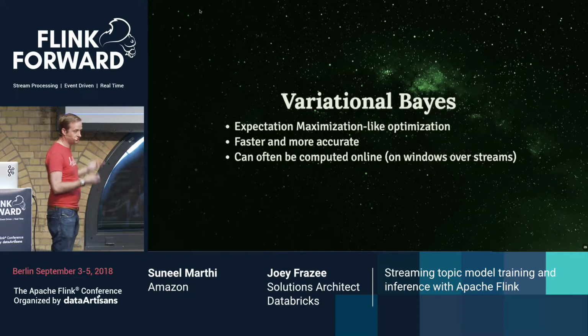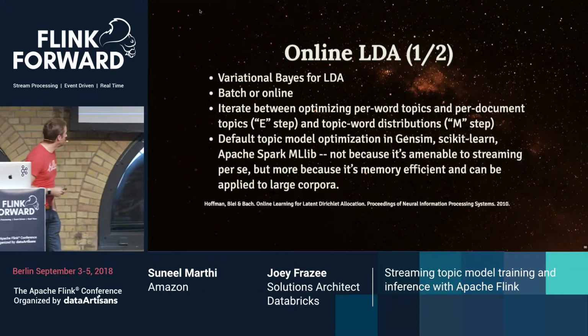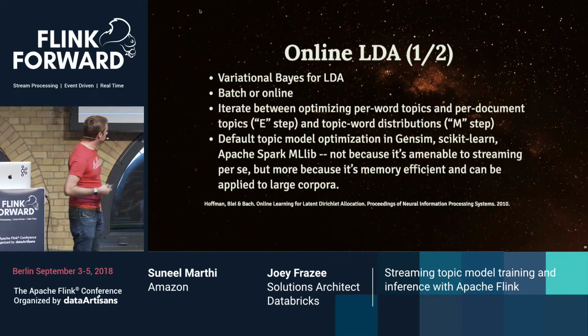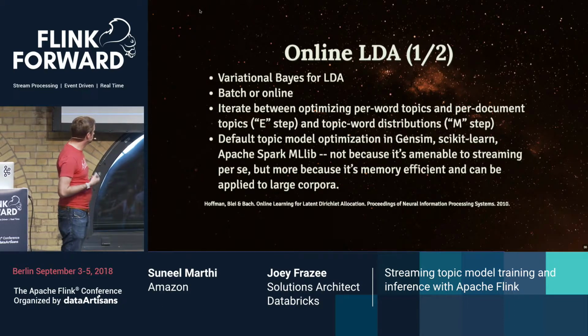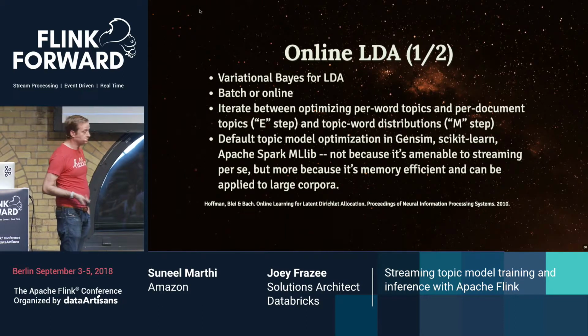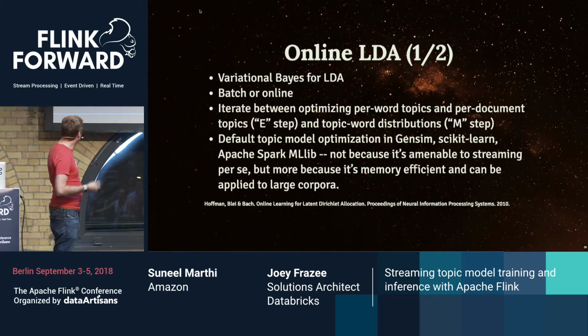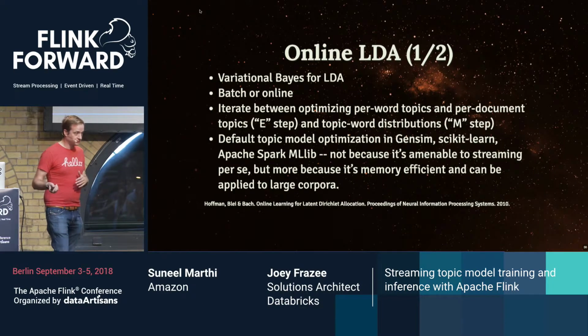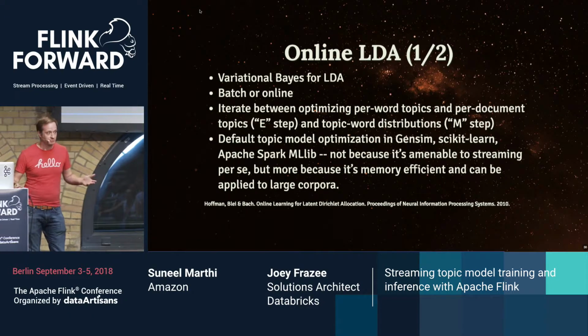So we can do this with streams. That's the punchline of why this is worth looking at. Online LDA is one approach to using variational Bayes to fit topic models. It can be done batch or online. So as we know, there's this convergence of batch and stream.